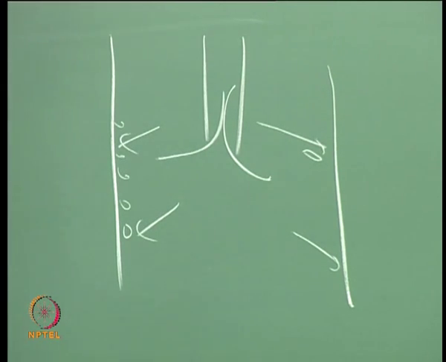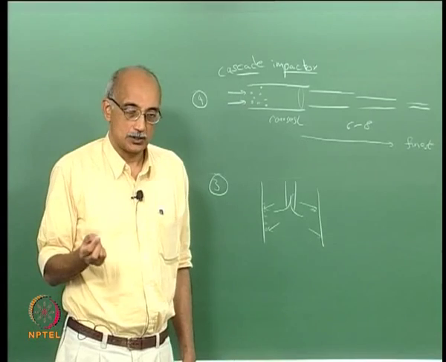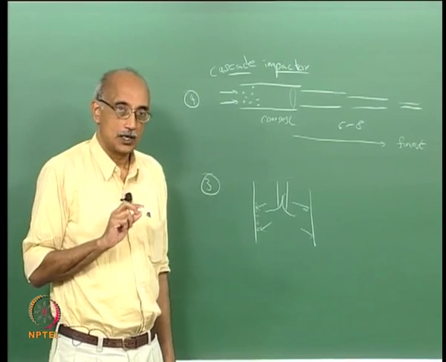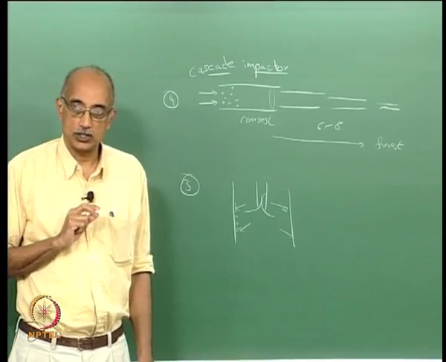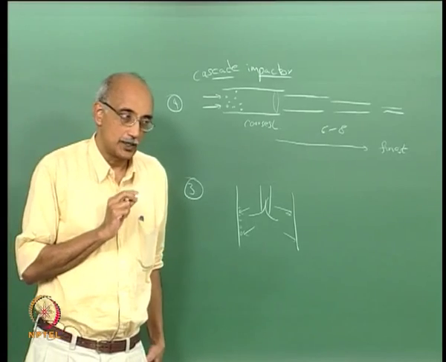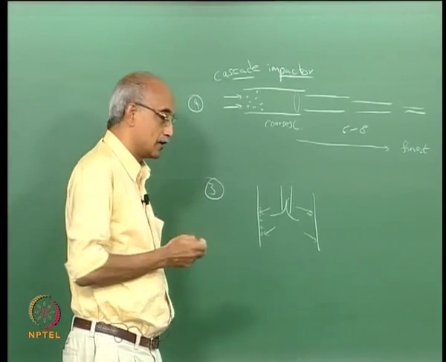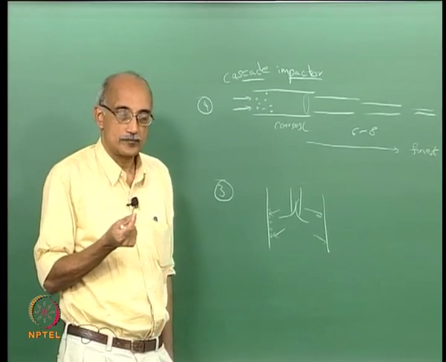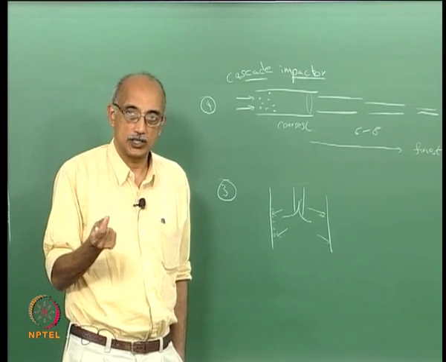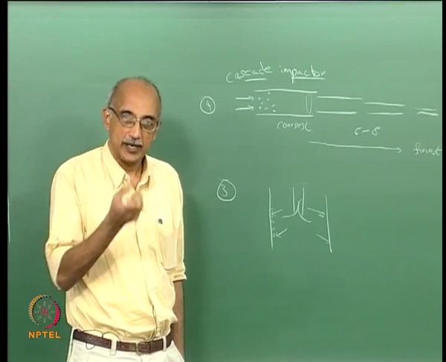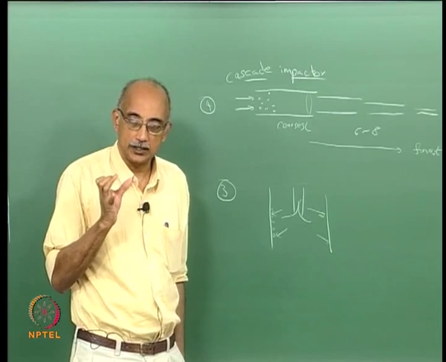Now, the difference between impingement and impaction is actually very subtle, and we will deal with this in one of the later lectures. The difference primarily is that in impingement, particles are slightly smaller than particles that you normally associate with impaction, and the mechanism of collection is also subtly different.